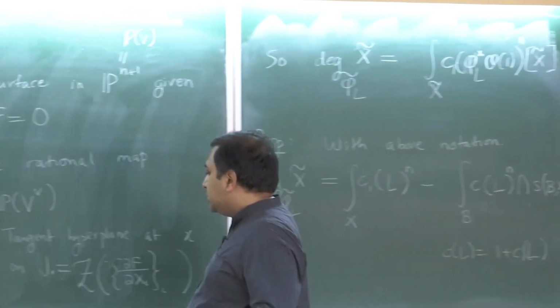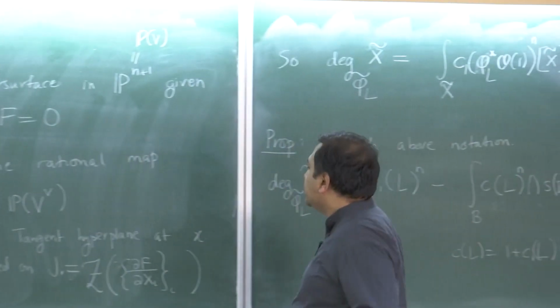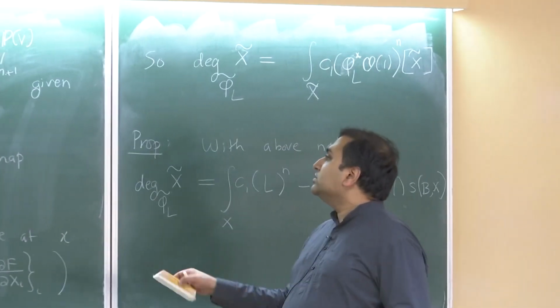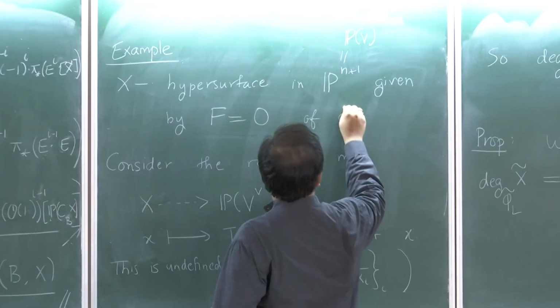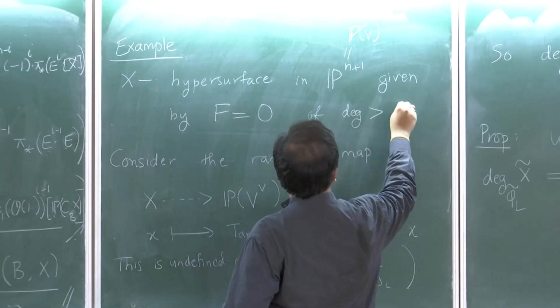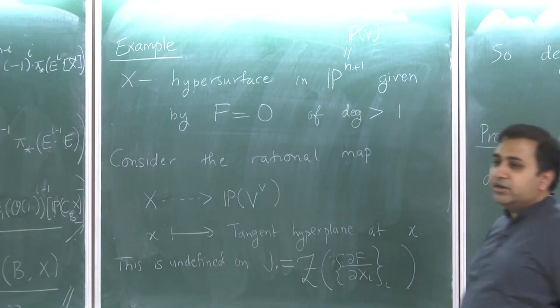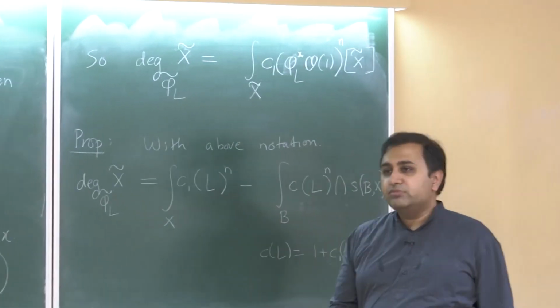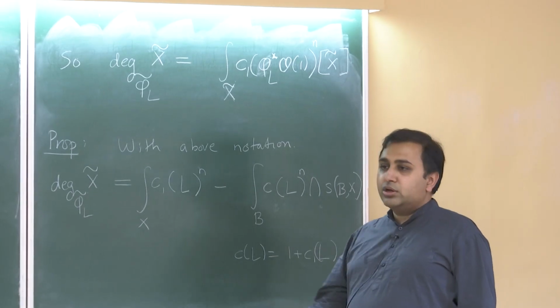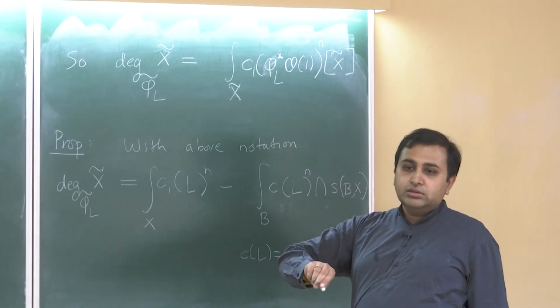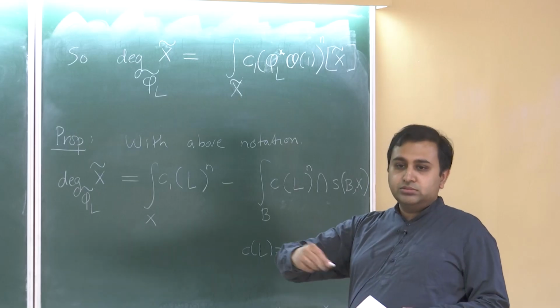Okay, so now what is an example? Maybe I should say this is of degree strictly greater than 1. If I take degree 1, then I just get the constant map, which is not a problem. But for example, in the plane, if I take a non-singular conic, then the image is again going to be a conic.